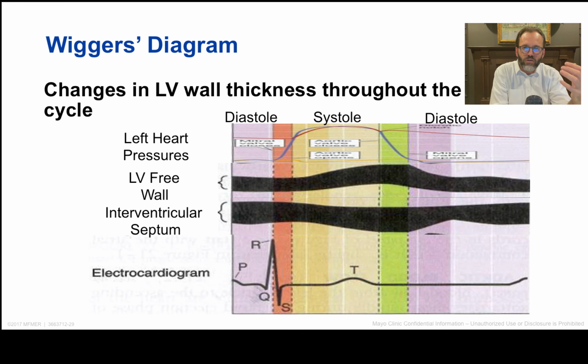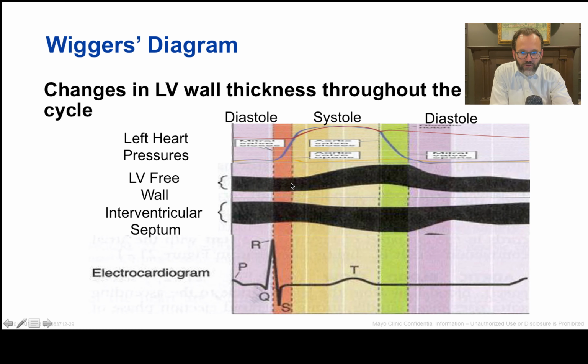So when we're looking at changes in left ventricular thickness throughout the cardiac cycle, you can see here that, if we look at either the left ventricular free wall or the intraventricular septum, during late diastole and early systole the ventricular free wall is relatively thin.